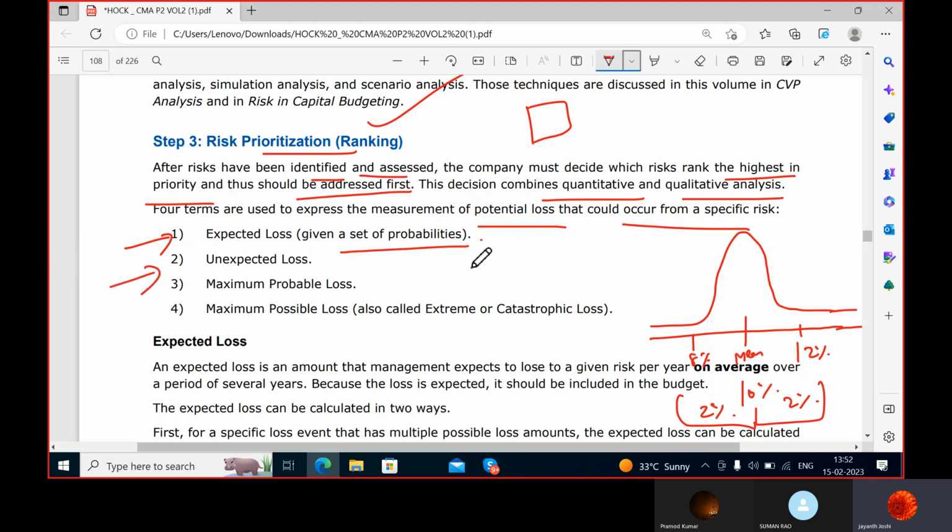See, expected loss and unexpected loss, what is the difference? Can you give me some example for this if you have? Expected loss is what is always expected.